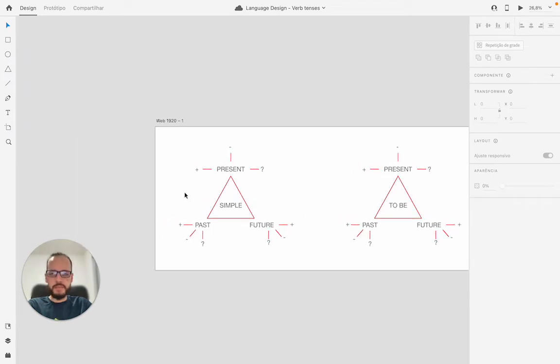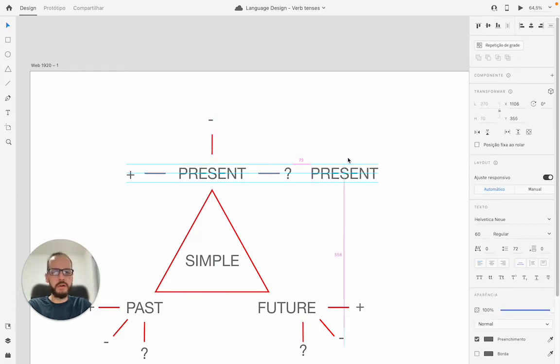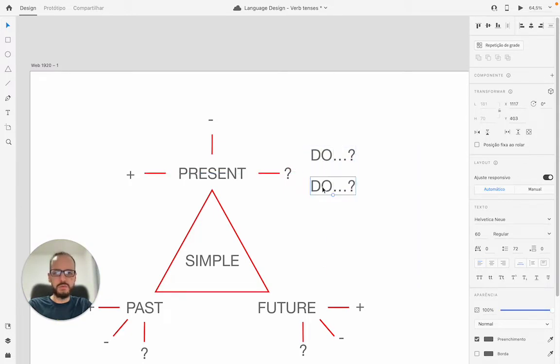The next step is to place the elements of the language, the words that live in these spots. I'm going to give you an example. When we're talking about the interrogative form in the present simple, we have 2 words that live here, they are always here: do and does.